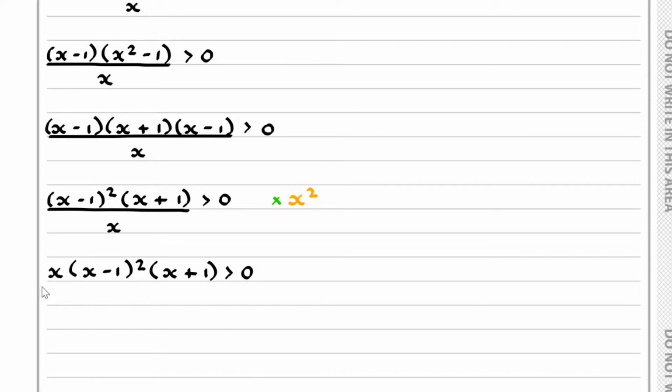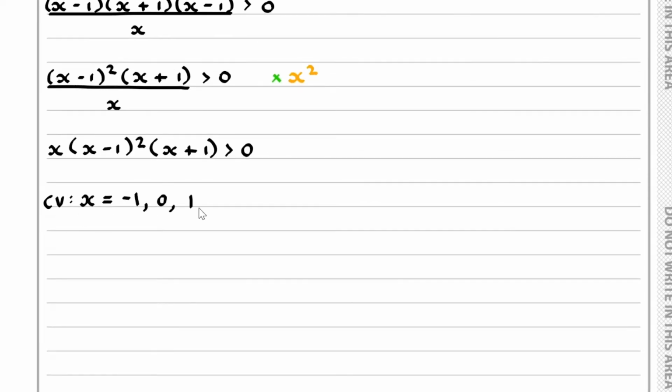We now have to find the range of values of x for which this inequality is satisfied. So we can find out what the critical values are. The critical values, we've got x equals minus 1, 0 and 1. And now if we create a number line, we can test values to find out which range of values we require.